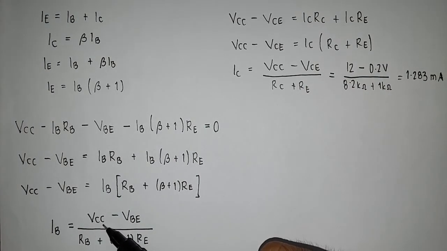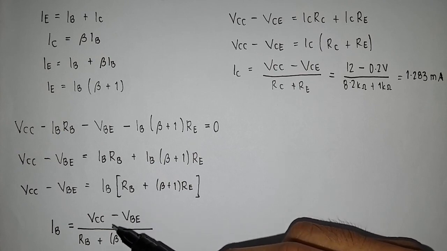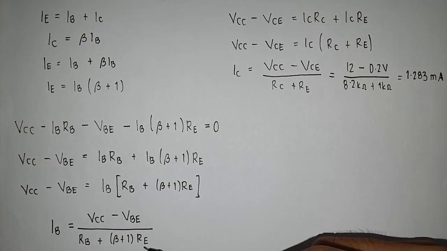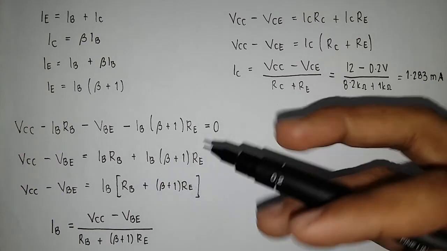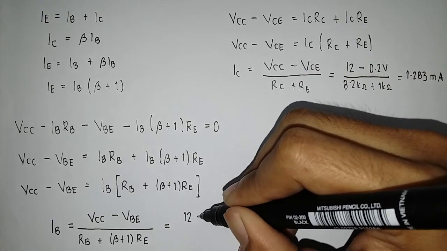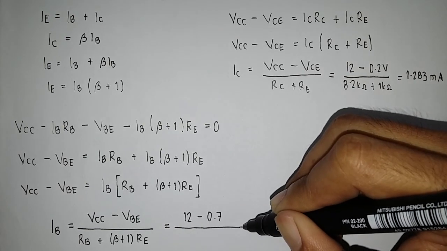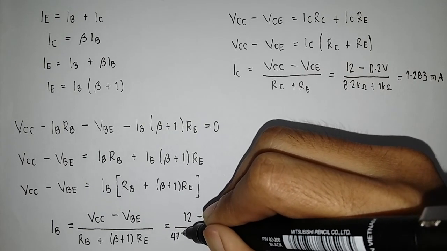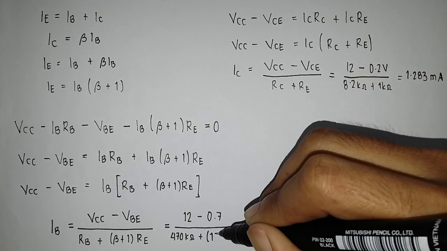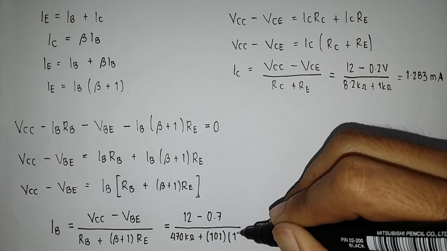Okay, so meron tayong VCC and meron tayong default value ng VBE. Kahit hindi siya given, alam natin na may default value siyang 0.7. Meron tayong RB and meron tayong RE. Meron din tayong beta. So, substitute lang. VCC, 12 volts minus VBE na 0.7 volts divided by RB, which is 470 kilo ohms plus (beta plus 1), which is 101 times RE, which is 1 kilo ohms.